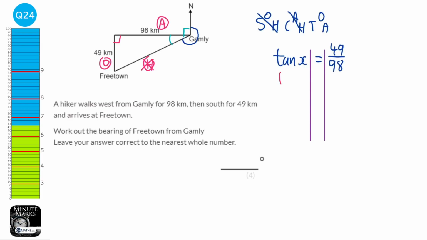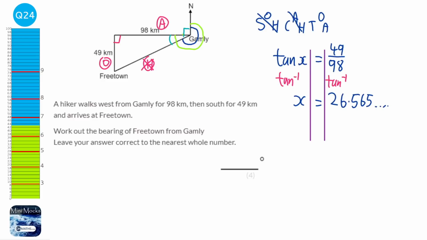And we're going to do the inverse tan to both sides. So we get x equals, and we do inverse tan, which is 26.565, and so on.